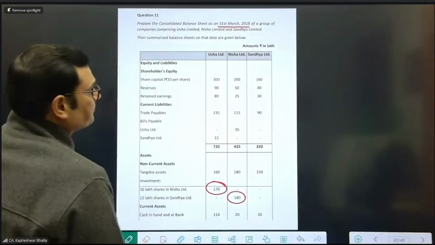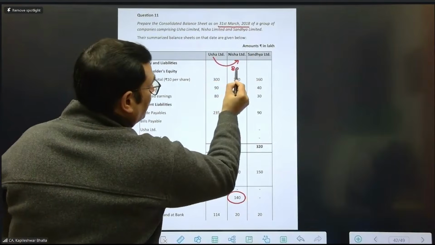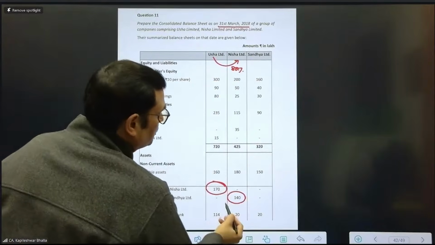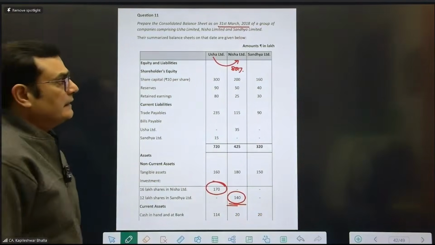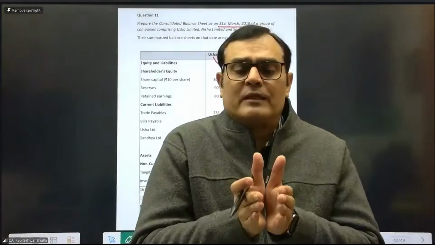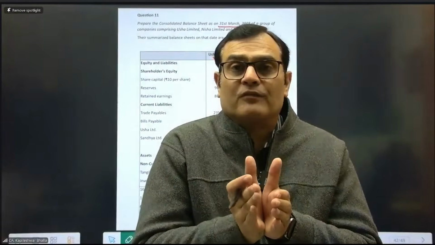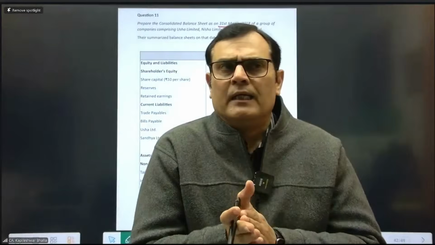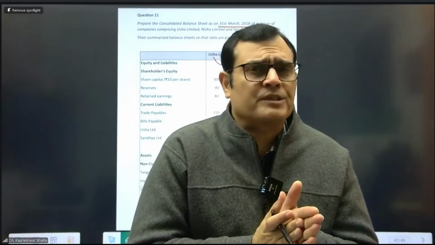So can I say, since Usha has got 80% stake in Nisha, we should take 80% of this investment as indirectly made by Usha? If you look at the investment, which is 140, 80% of this is funded by Usha. And can I say the remaining 20% is funded by outsiders?